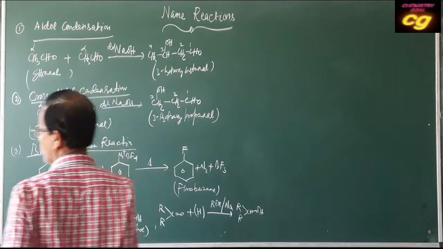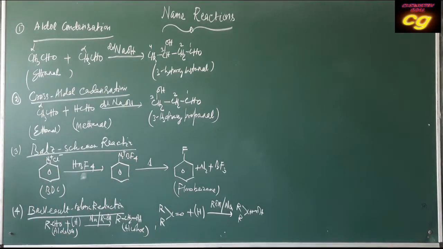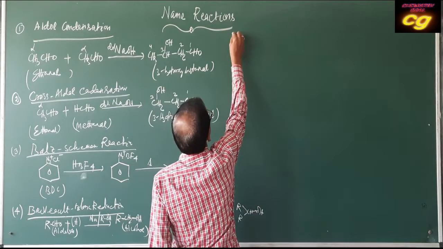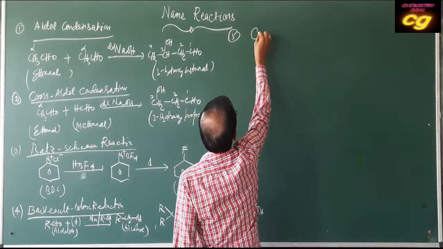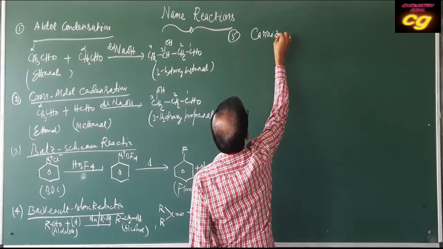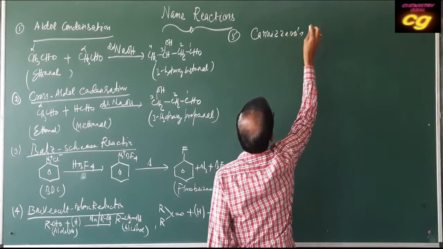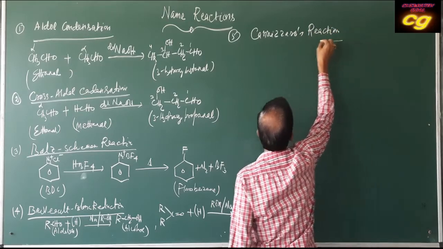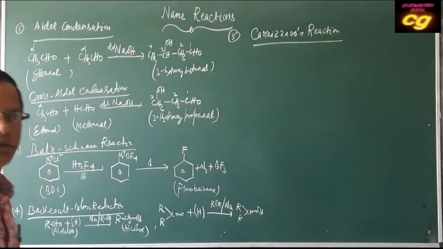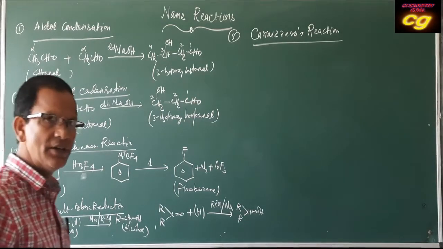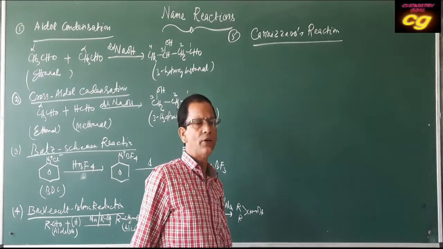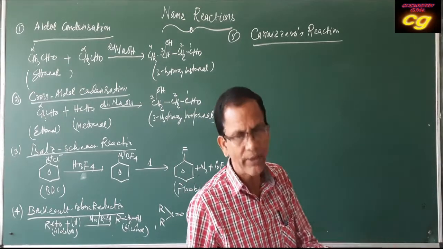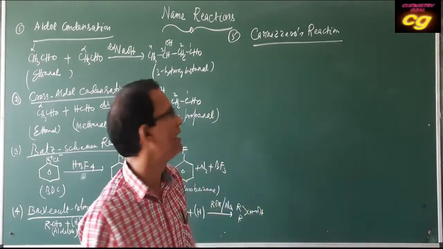Okay. Then number 5, that is Cannizzaro reaction. In Cannizzaro reaction, we have already discussed that aldehyde or ketone having no alpha hydrogen atom reacts with concentrated alkali forming alcohol and carboxylic acid.